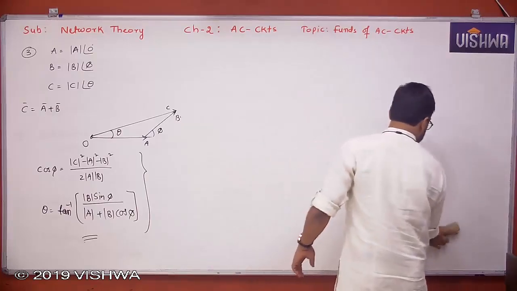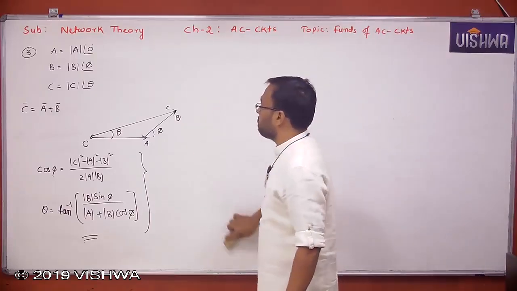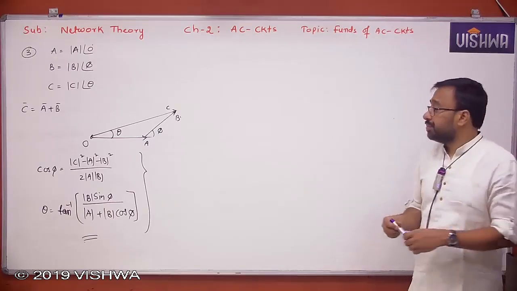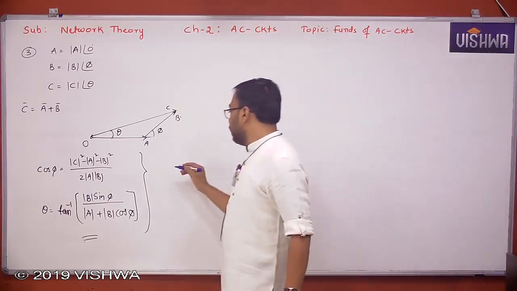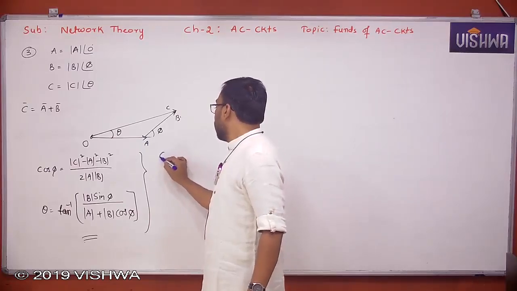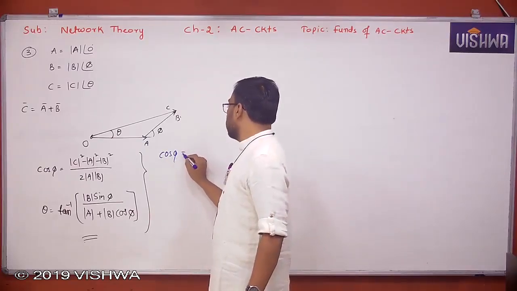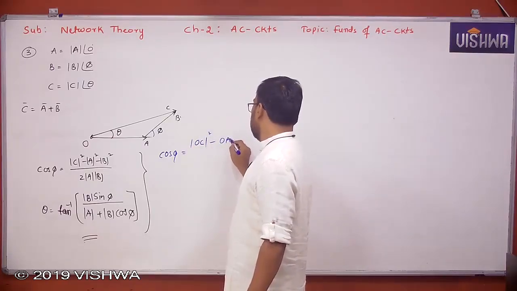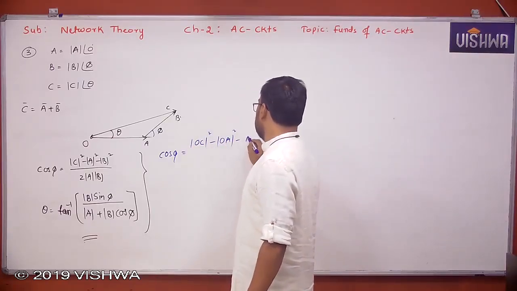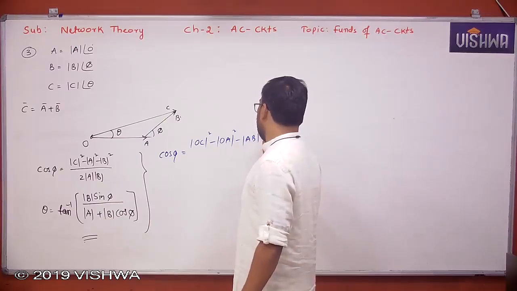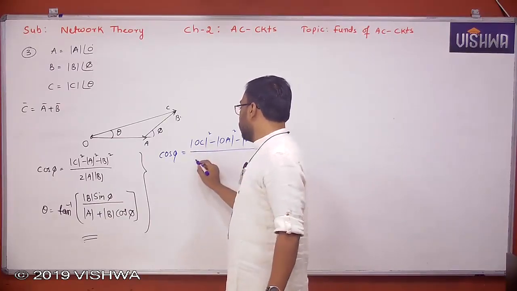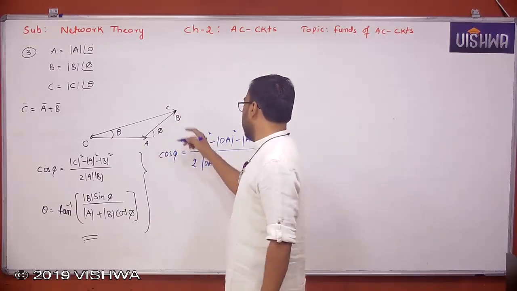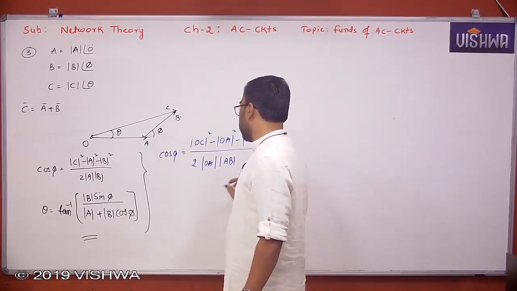Note down. You can also write the same thing as cos phi is equal to OC square minus OA square minus AB square, yes or no? Okay, divided by 2 magnitude of OA, magnitude of what? AB, yes or no? Like this.